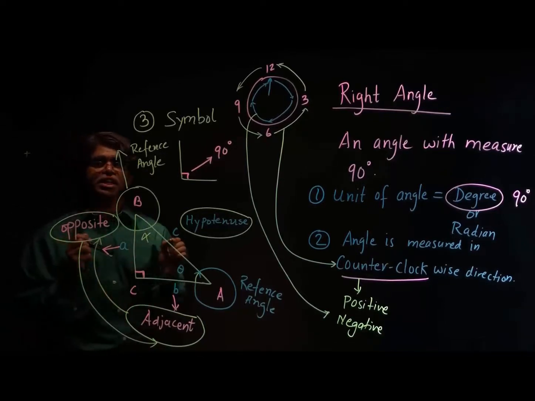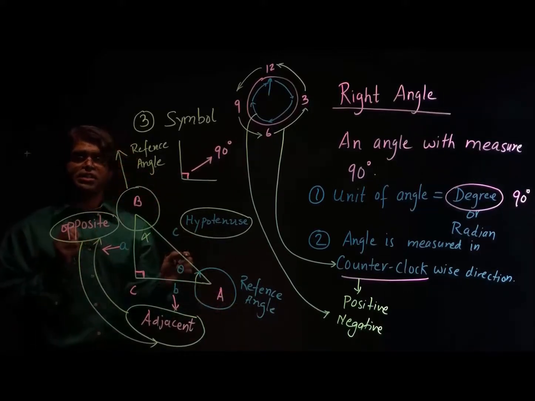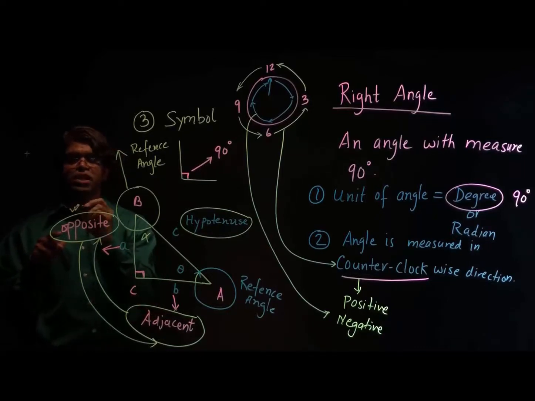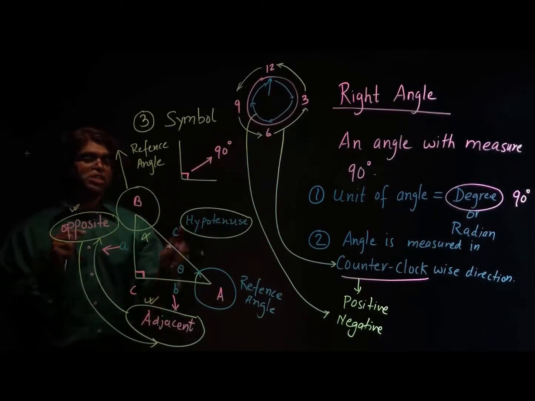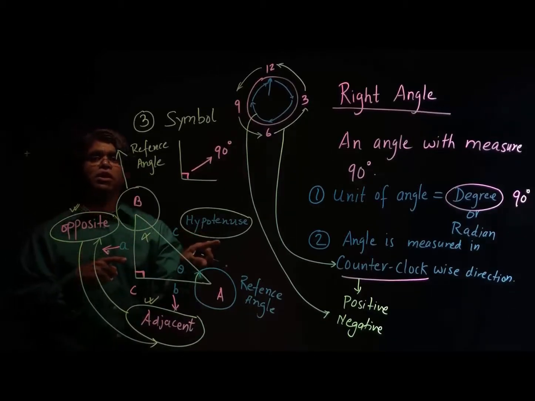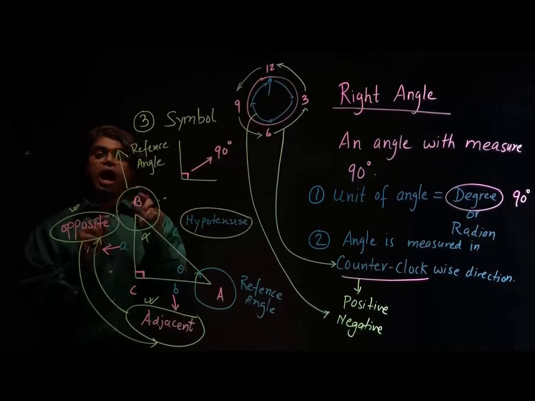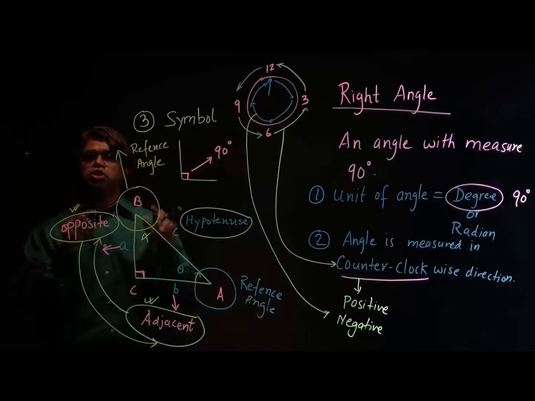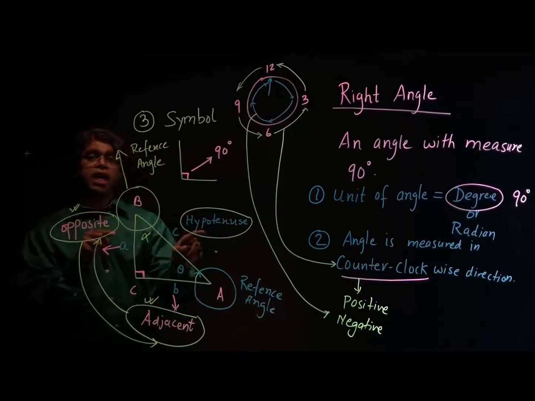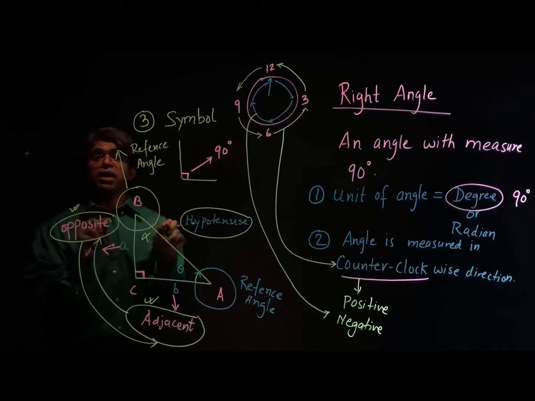As you can see, changing the reference angle changes the opposite and adjacent. But changing the reference angle does not change the hypotenuse, because hypotenuse is opposite to the right angle, and we are not changing the location of the right angle.